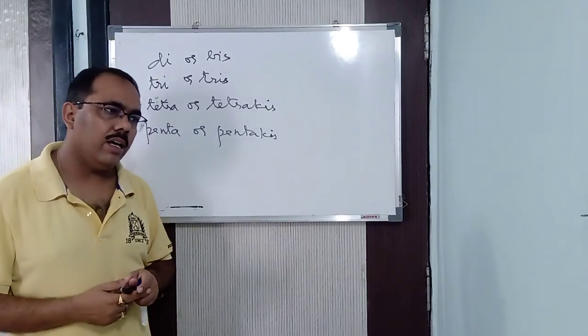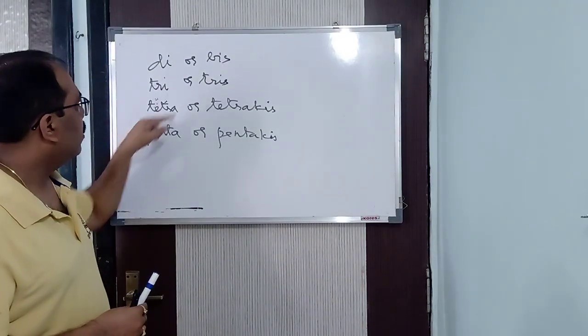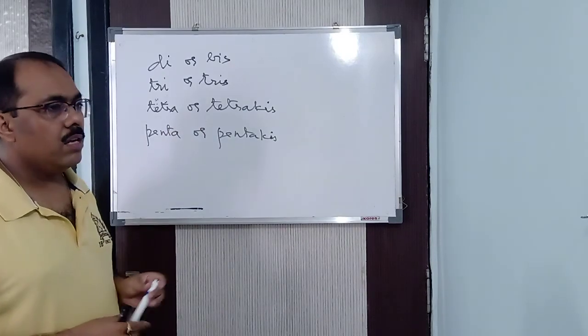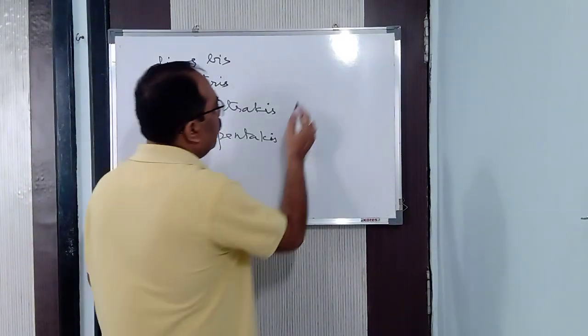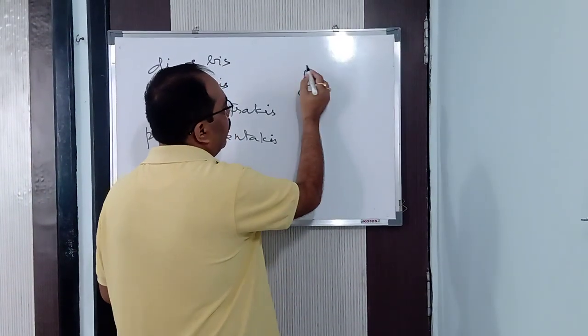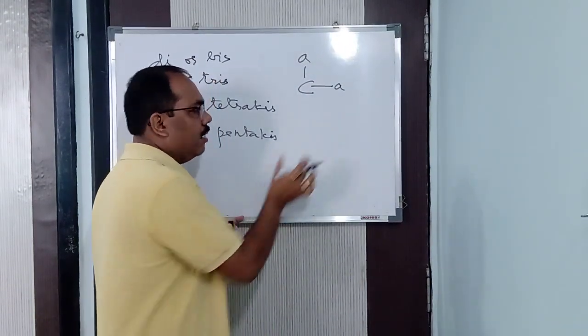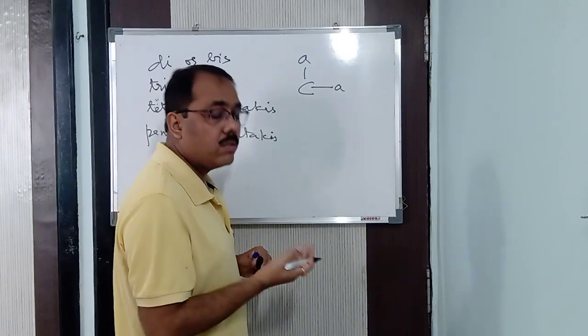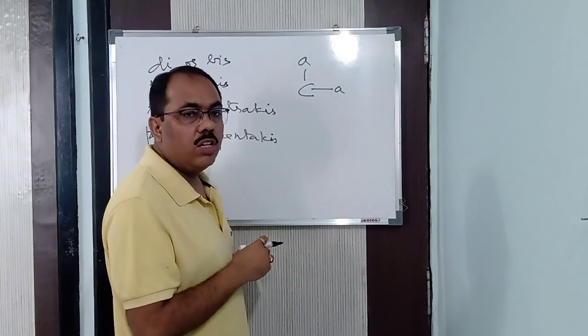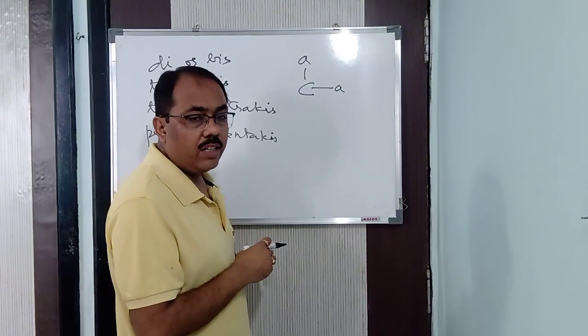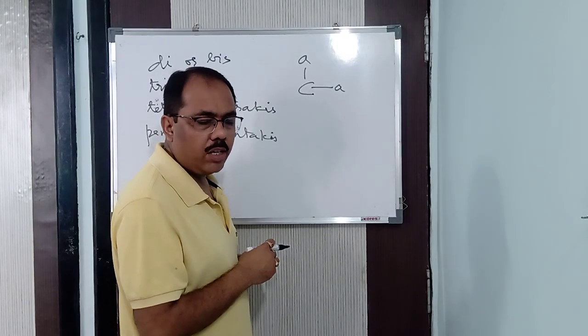Generally we use bis, tris, tetrakis, pentakis. Suppose in one carbon atom a big substituent group occurs twice, then I use the word bis.